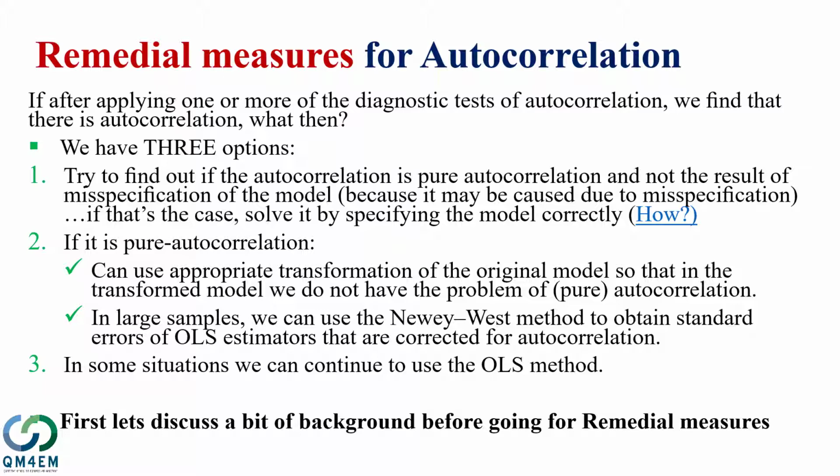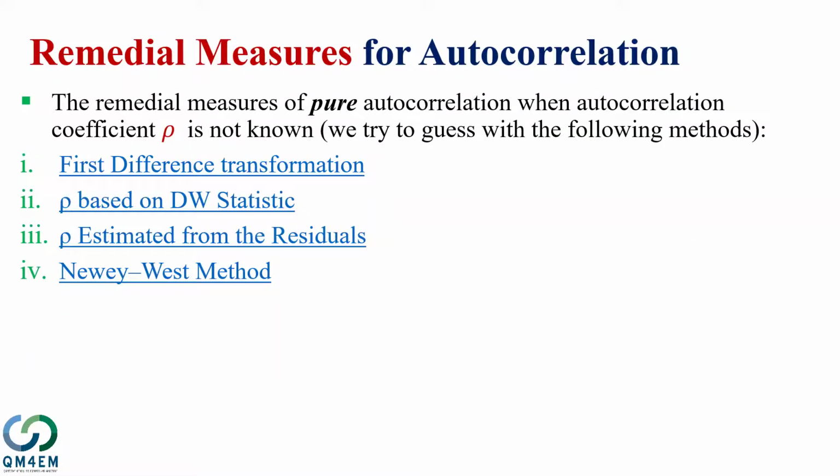And then option 2 is a case when there is pure autocorrelation. In the case of pure autocorrelation, we have two options. First, we can transform our original model to a transformed model such that it removes the pure autocorrelation. Second is the Newey-West method that we can apply directly.